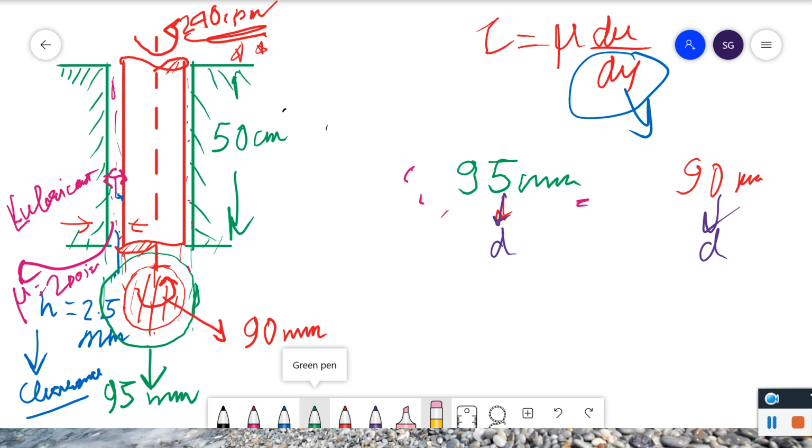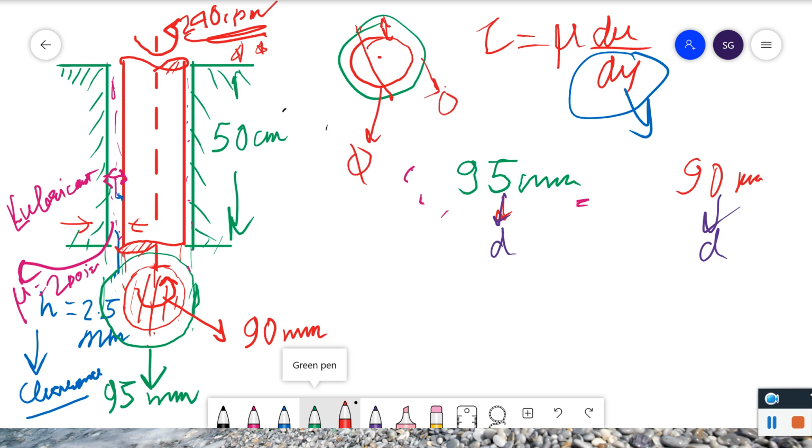This green one represents the tube, and this red one represents the cylinder. So we are required to find out this, and we have the diameters. We have the phi of this also, and the phi of this also.